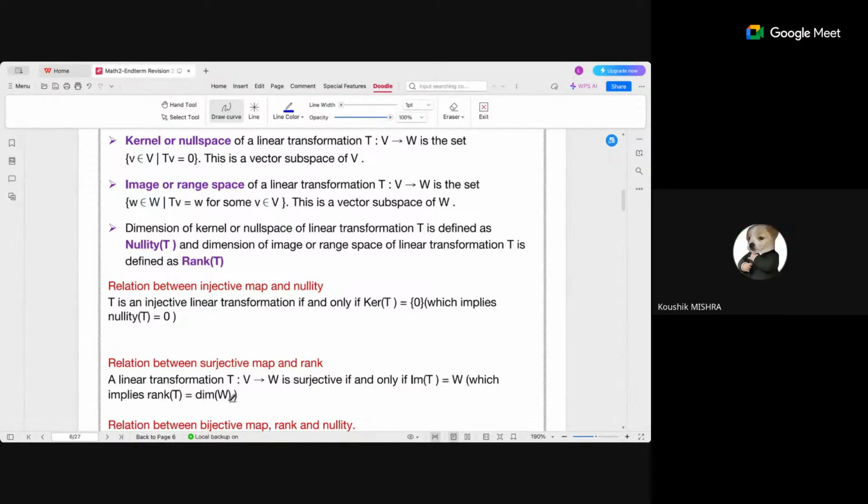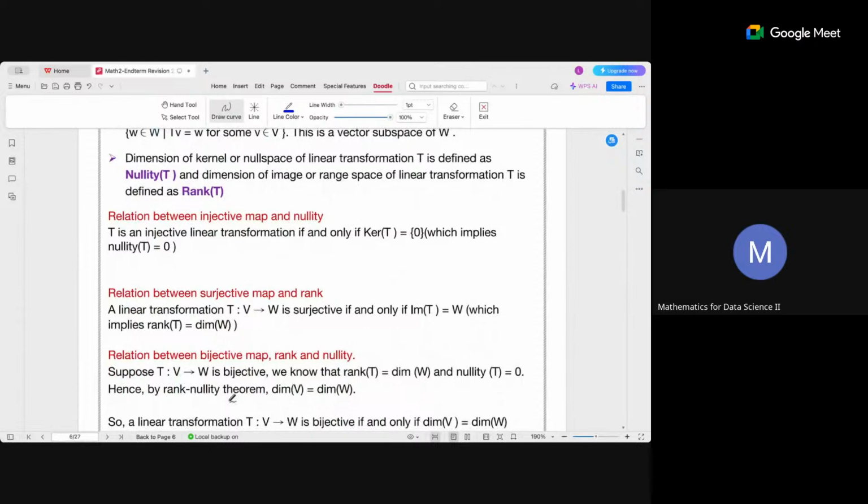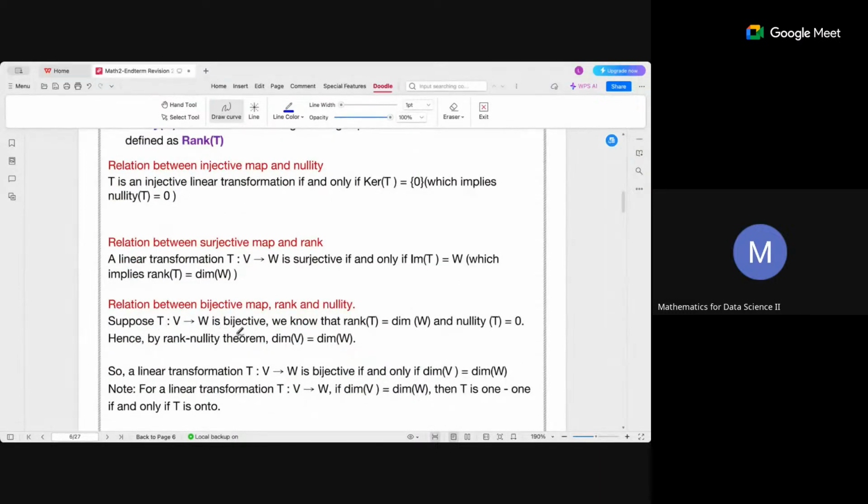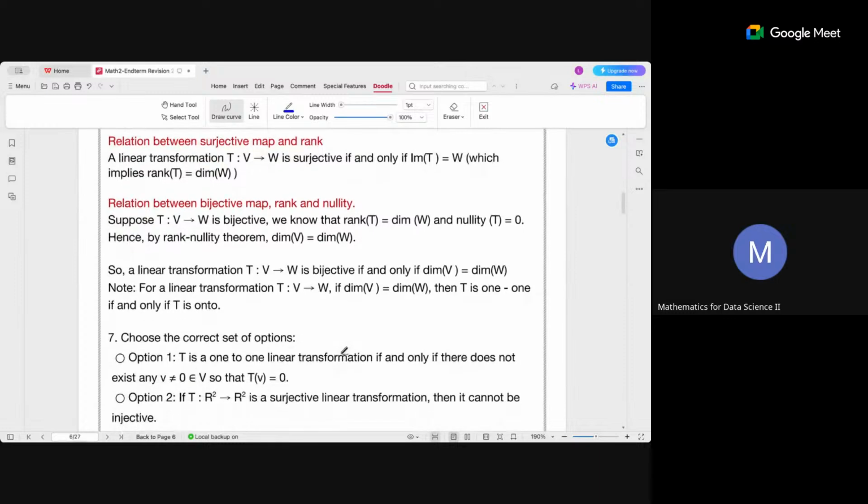Rank is equal to dimension of W, right? And if your T is a bijective map, you know that rank of T is dimension of W and nullity is 0. So from rank nullity theorem, you know that dimension of V is equal to dimension of W. So for a linear transformation, it is bijective if and only if the dimensions are same.